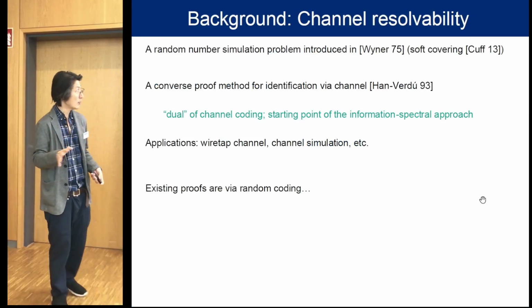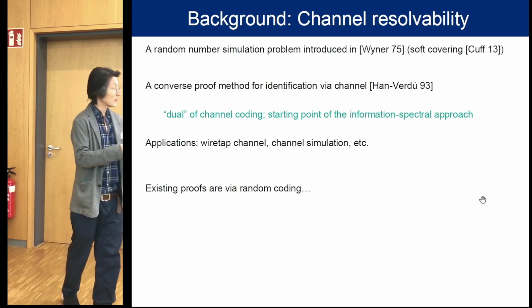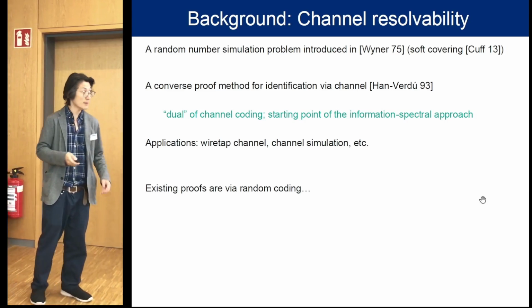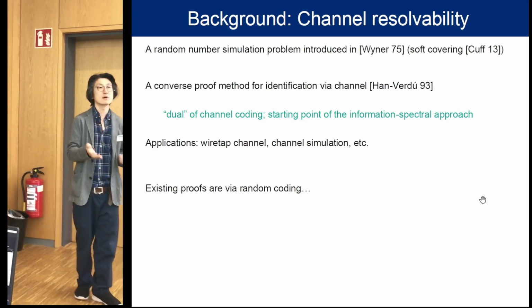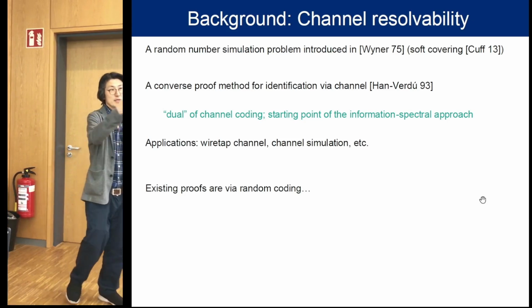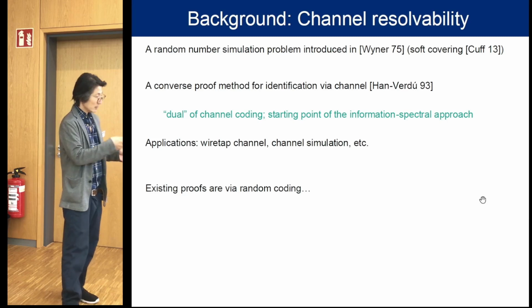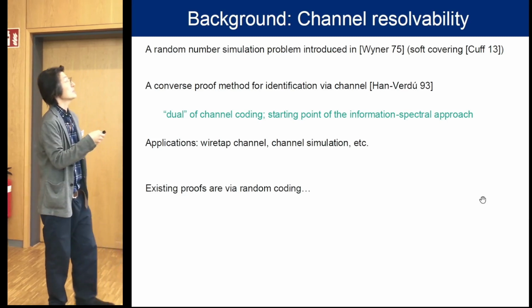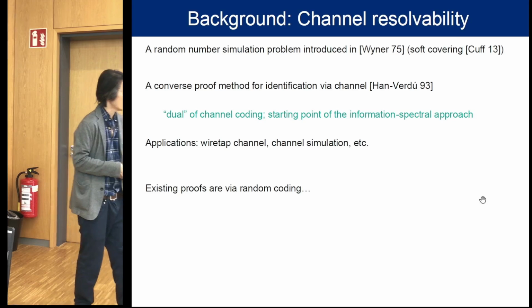This problem we have seen yesterday in the talk by Li Gao, but let me start with some background on this problem. Channel resolvability is a kind of random number simulation problem through noisy channel. Some version of this problem can be traced back to Wyner's paper in 1975.